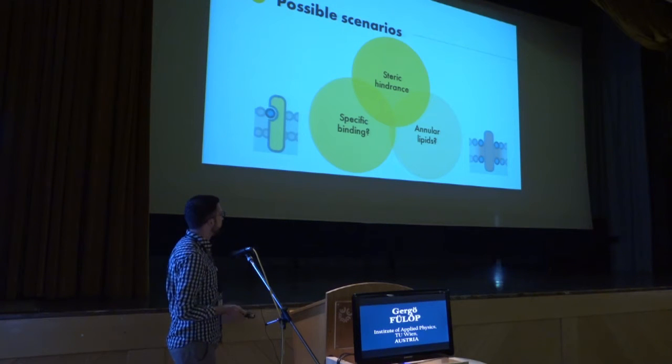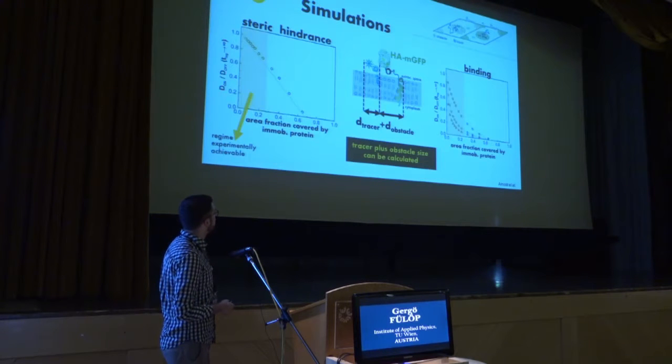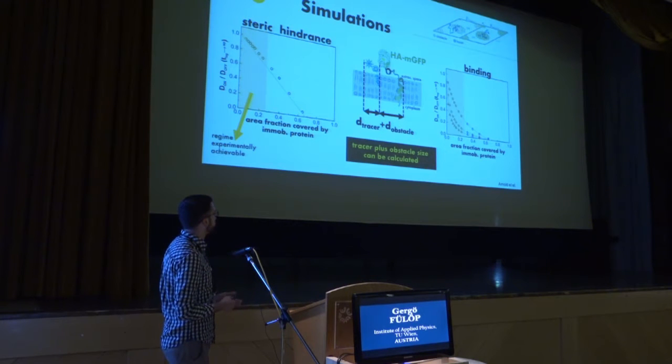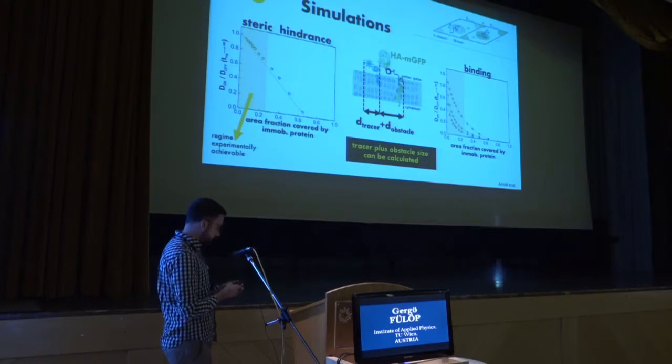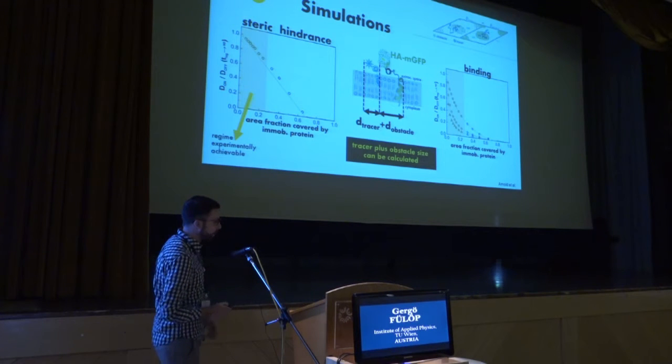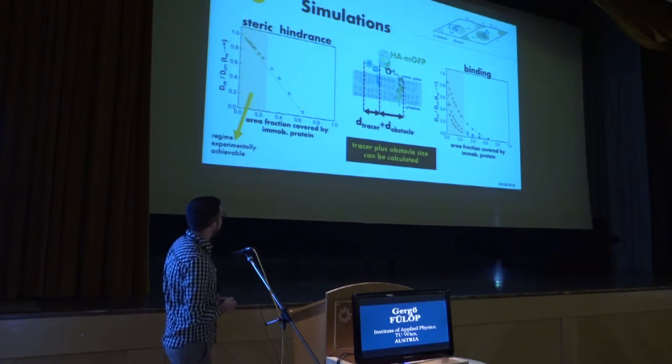So in order to find out which scenario is valid, my colleague did some simulation to see what results we can expect. And if you look at these graphs, on the y-axis, what we usually plot is a quotient of the diffusion coefficient on the area, so the probe is diffusing inside, where the proteins are recruited, divided by the diffusion constant outside of this area.